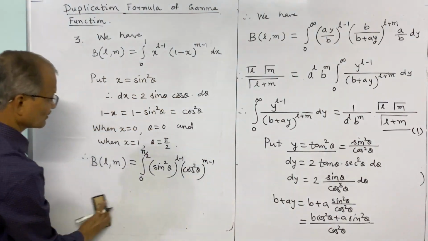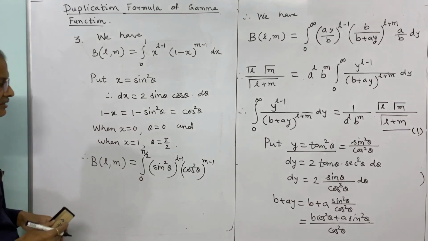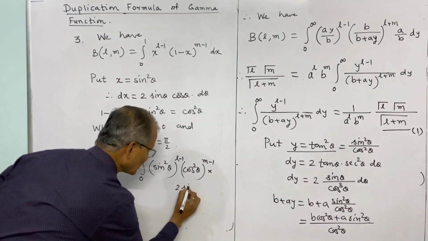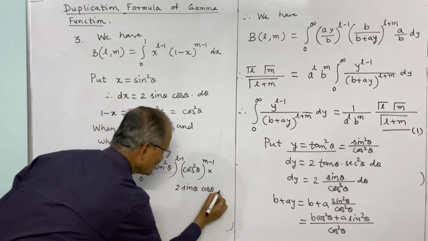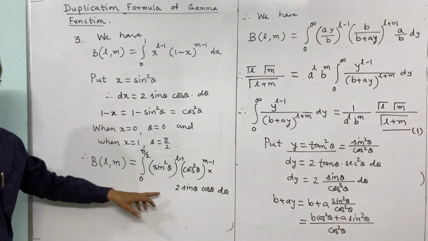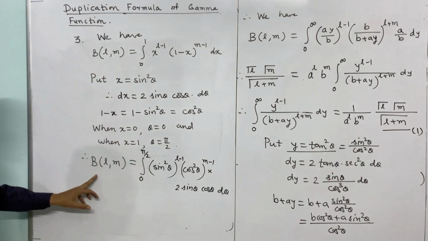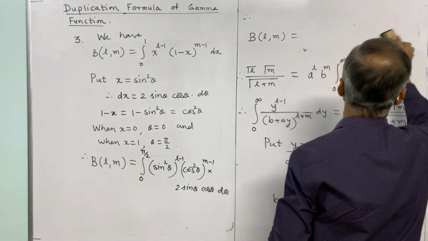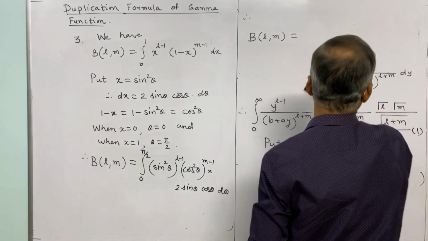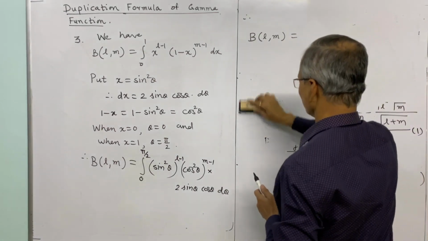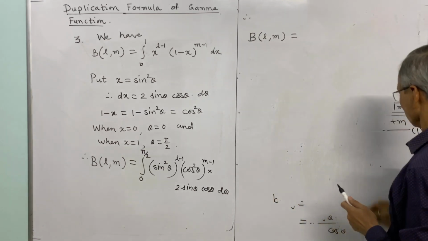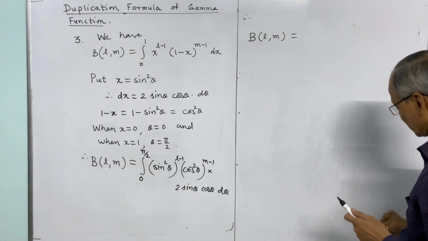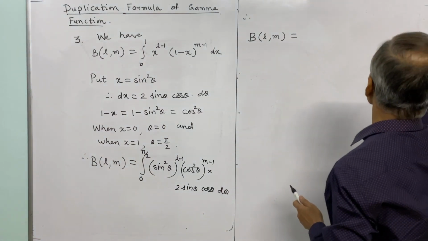What is dx? You see here, 2 sine theta into cos theta into d theta. So this is multiplied by 2 sine theta into cos theta into d theta, and we shall simplify this. See the powers of sine and cos separately.